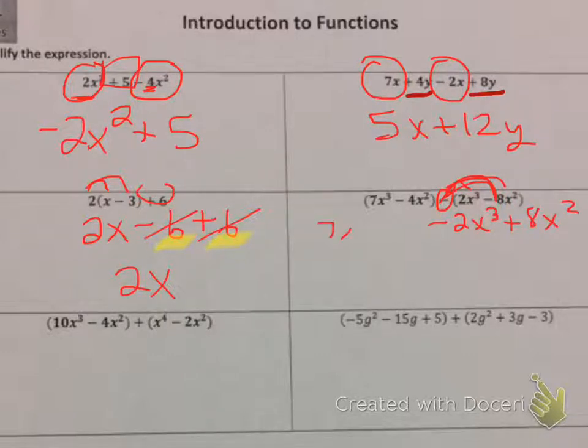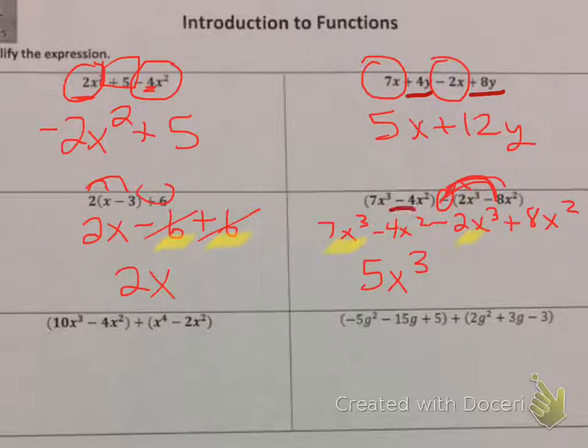I'm going to rewrite this front part, that 7x cubed minus 4x squared, and then we're going to just look for like terms. So I want to start with the highest power. The highest power is 3, so let's start with these ones that have 3's on them. I have 7x cubed, and then I have a negative 2x cubed. On my calculator, 7 minus 2 is 5, so I'm going to go 5x cubed.